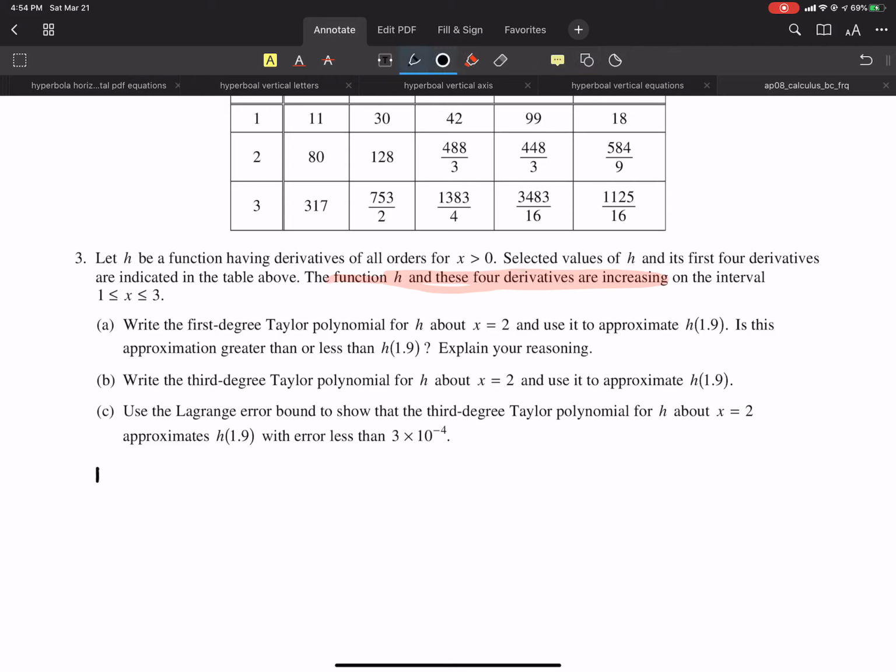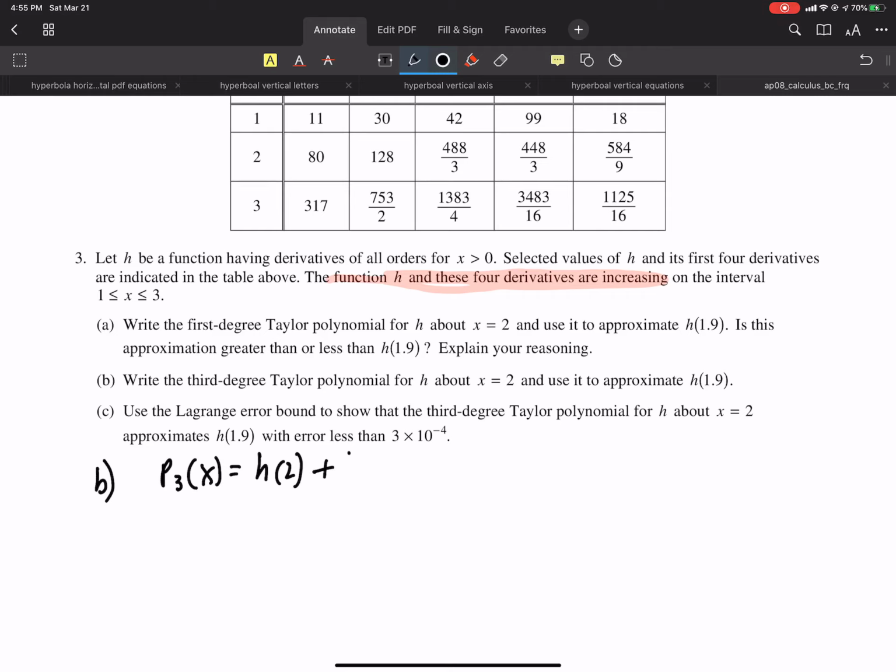Okay, for part B, third degree centered about 2 to approximate h of 1.9. So we're going to go through the same process. The third degree Taylor polynomial centered about 2.